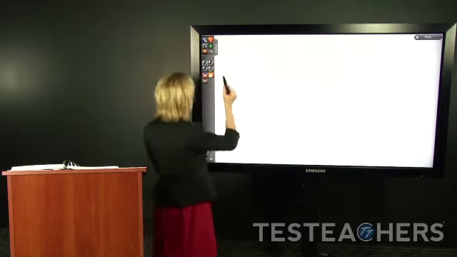FINRA Rule 2210 also provides an exception from the principal pre-approval requirements for 3 additional categories of retail communications, provided that the firm supervises and reviews the communications in the same manner that's required for correspondence. So let's talk about these.